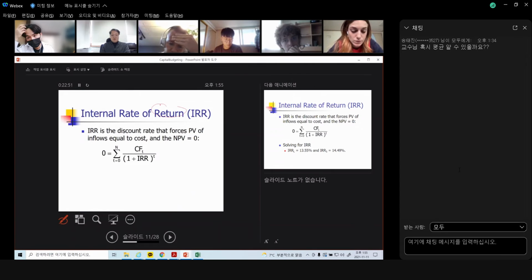This is a return, the internal rate of return. IRR is the discount rate that forces the present value of inflows to equal cost, which means the discount rate that makes NPV equal to 0.